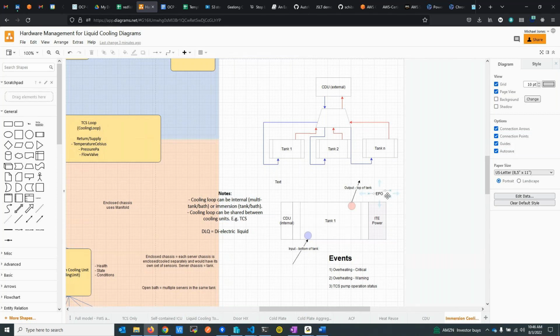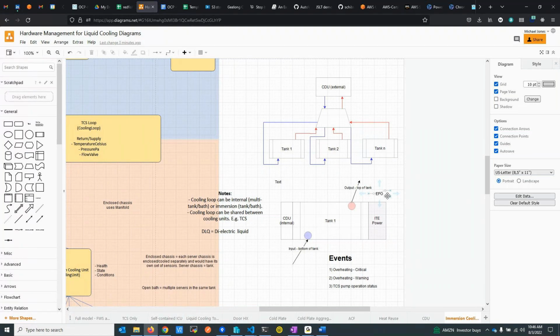So that actually raises a good point. When we were discussing cold plate, we talked about the feedback loop and the control loop with the CDU. So if any one server or GPU or cooling target starts to heat up, it will increase the flow rate to try and compensate to make sure it's within bounds.